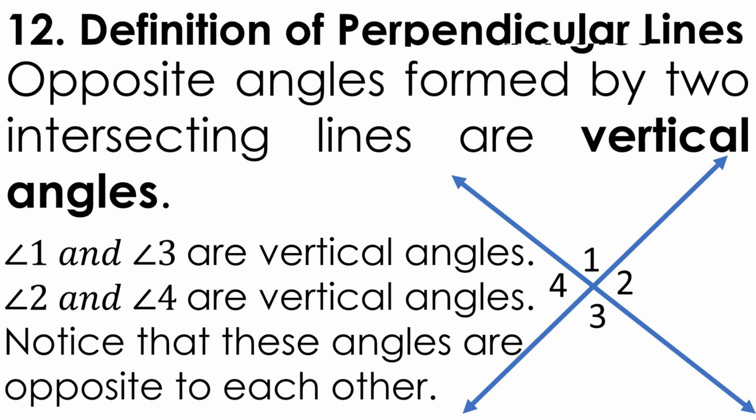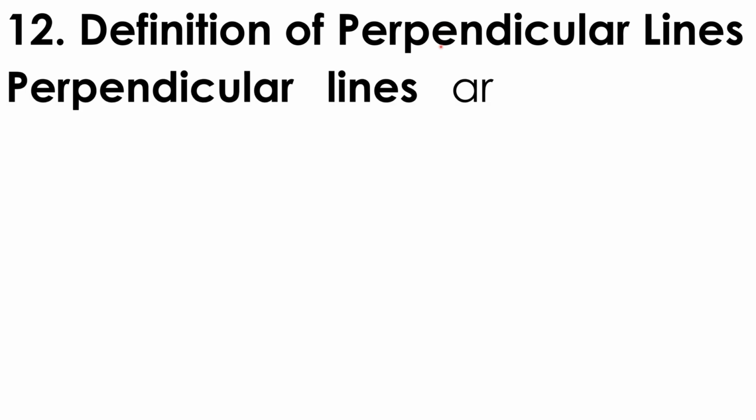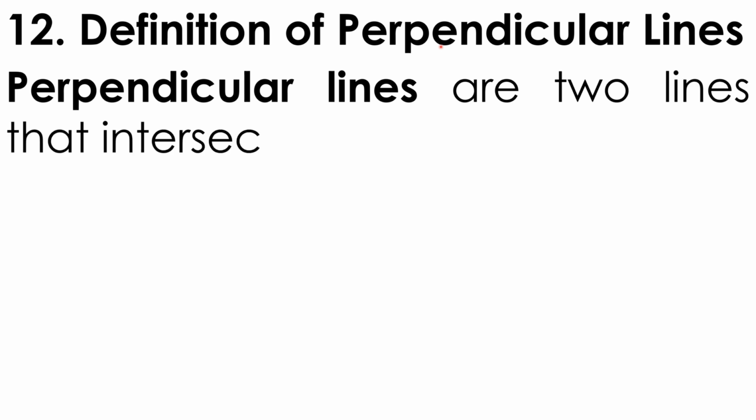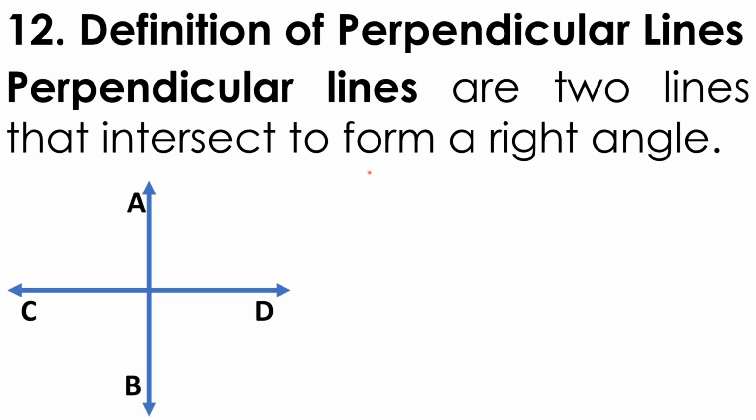Now let's proceed to the 12th definition, which is the definition of perpendicular lines. Perpendicular lines are two lines that intersect to form a right angle. So we have here line AB and line CD.